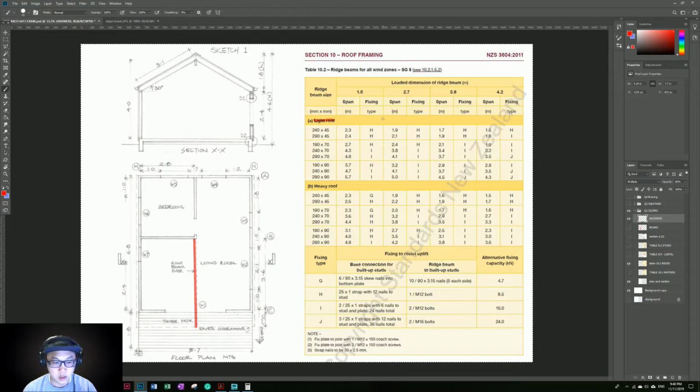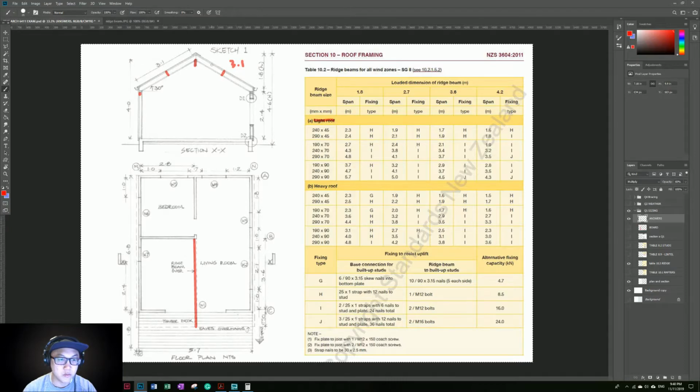We need to find out what the loaded dimension is. What is the weight resting on that ridge beam? The ridge beam is this one. It's carrying the roof, so it's carrying the rafters. Half of it is carried by the wall here, and the other half by the ridge beam, and the same on the other side. Because it's 3.1 that side, this side is 3.1 as well.